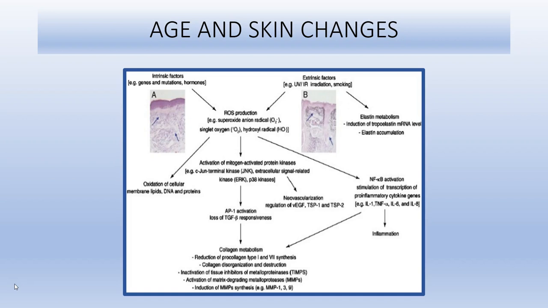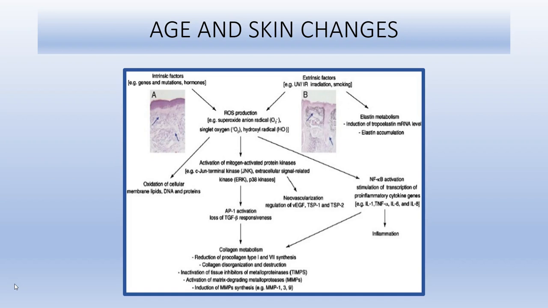So, summarizing these factors, we have intrinsic factors as well as extrinsic factors. We have the production of radical oxygen species and other radical species that lead to the breakdown of collagen, the reduction of production of collagen by fibroblasts. We have the inactivation of the inhibitors of matrix metalloproteases, as a result of which we have increased activity of these proteins.